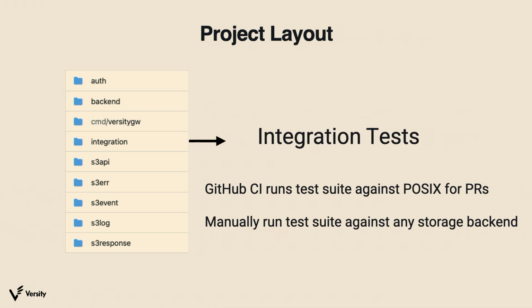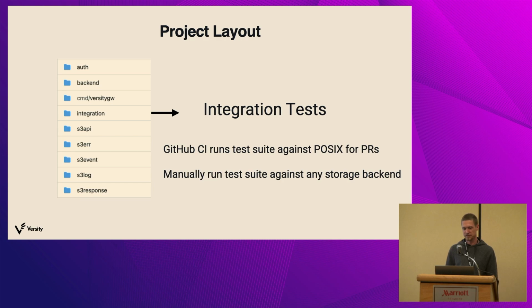The integration tests. We have two sets of tests. Mostly this is just automatically run with the GitHub PRs, with the GitHub Actions. We have a set of integration tests here that is testing for S3 interoperability. Thanks to the Ceph team for the S3 tests, we've really been working through those.